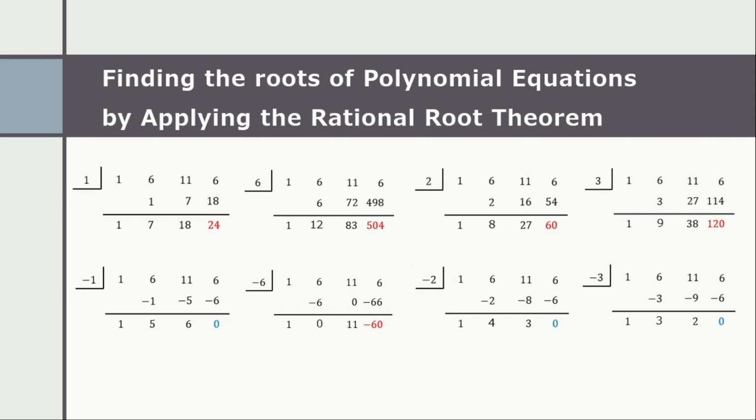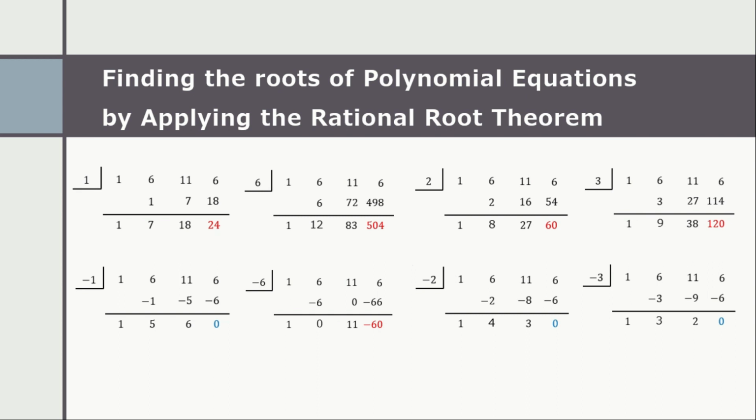Then 3 multiplied to negative 3 will give us negative 9. Then 11 plus negative 9 will give us 2. And 2 multiplied to negative 3 will give us negative 6. Then adding 6 and negative 6 will give us 0 as the remainder. Therefore, negative 3 is one of the roots of the given polynomial equation.